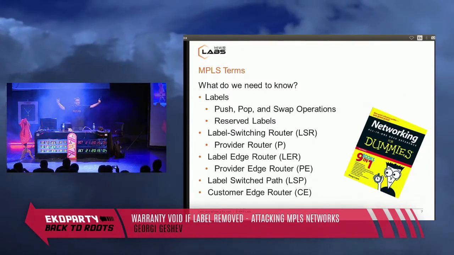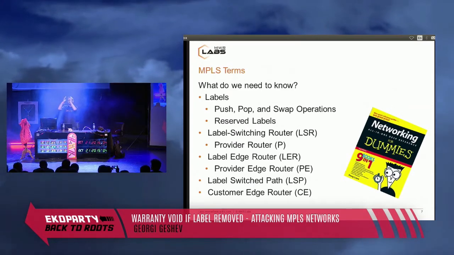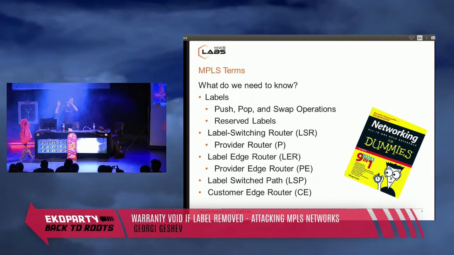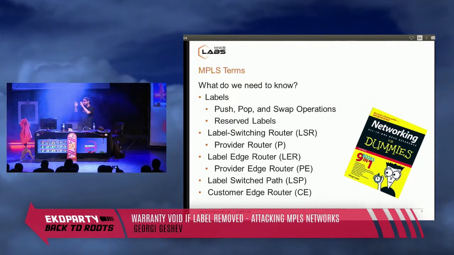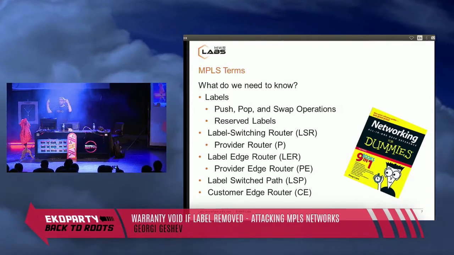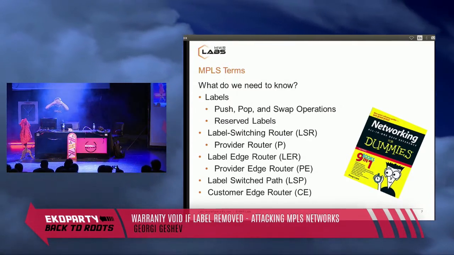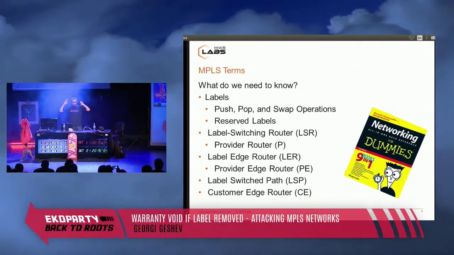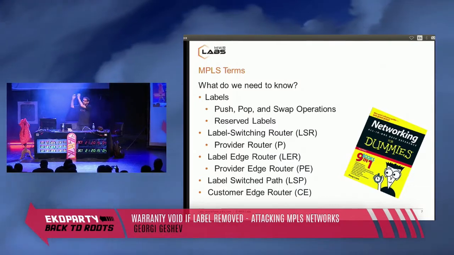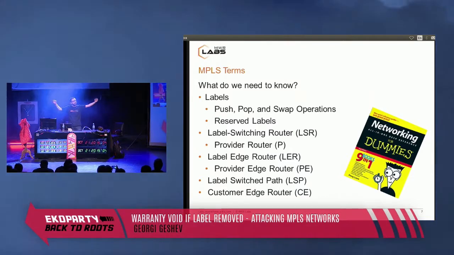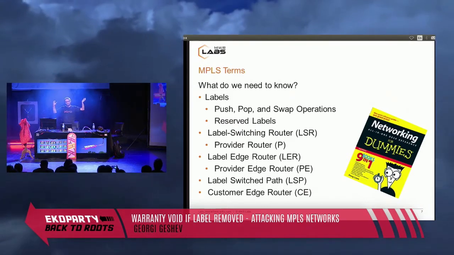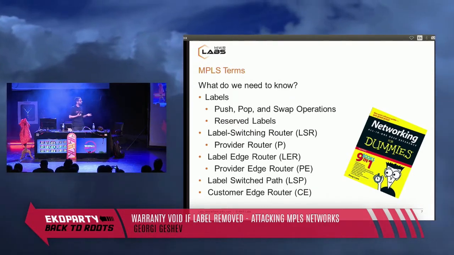So basically, at the edge of the MPLS domain, you have a provider edge device, and on the side of the client, you have a client-side customer edge device. And this is where the customer connects to the service provider, the MPLS service provider. So from customer side A to customer side B, the logical path from side A to side B is called the label switch path.